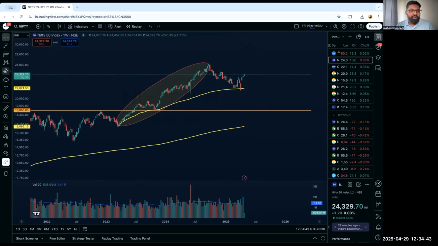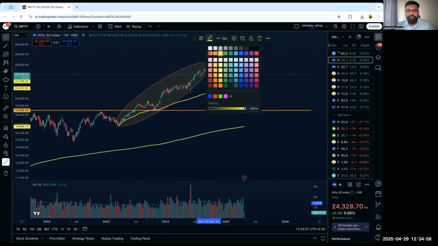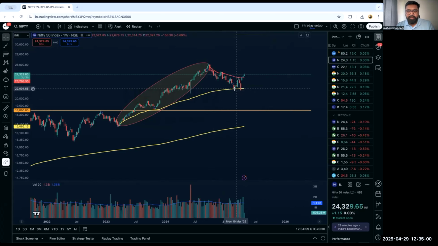When price started correcting, this is the average price of the uptrend. I'll mark this in red.